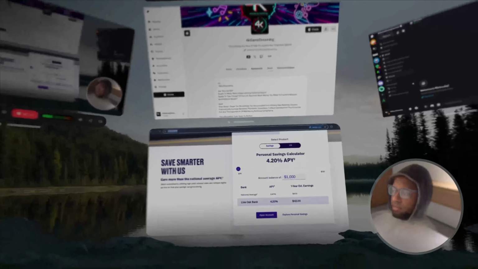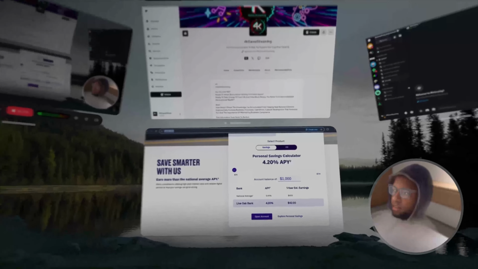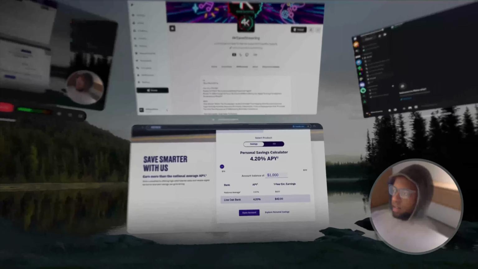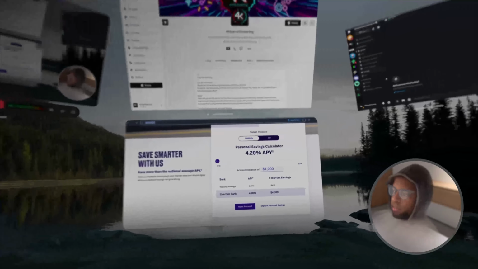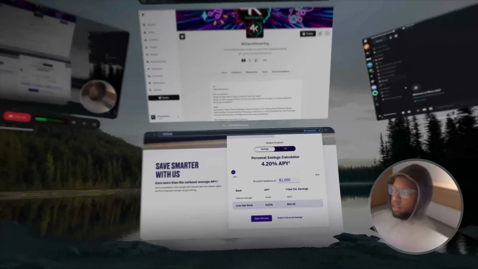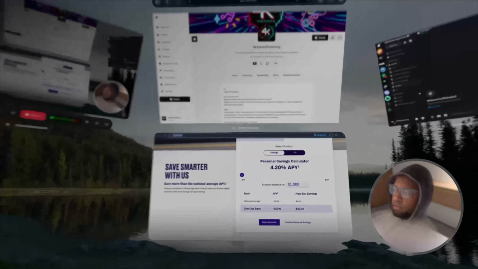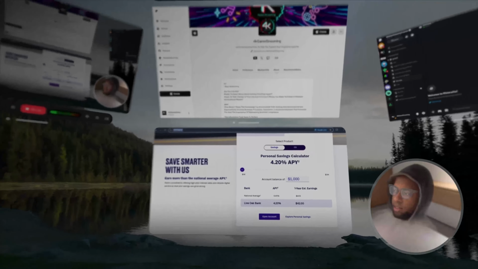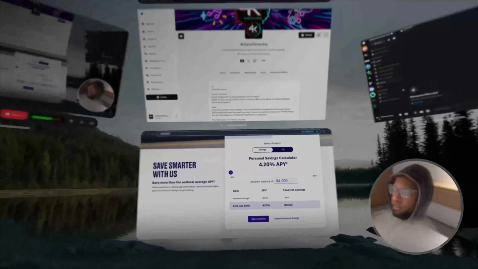And so you would have a tax obligation in order to report this. But let's say you had $1,000 in the account and you got $42 for the year. It wouldn't make much sense for you to use $400 to pay your taxes quarterly to report $42 for the year. You would be losing money.